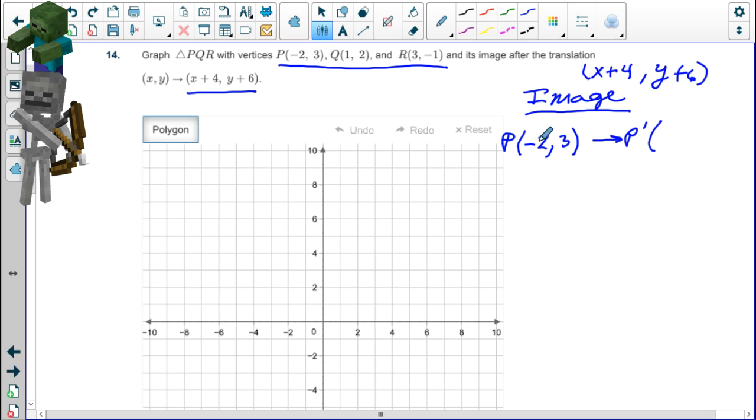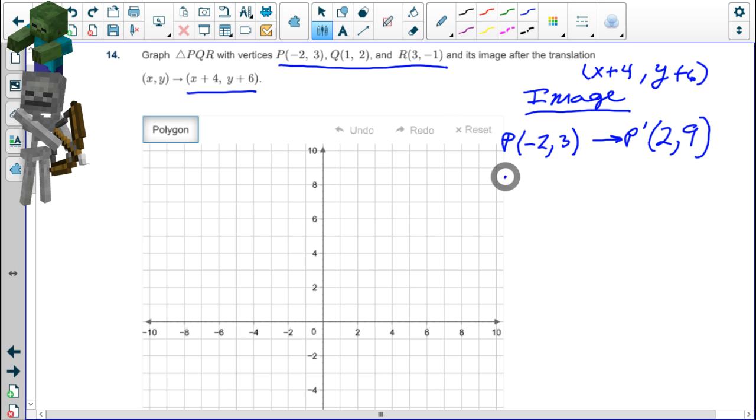So we're going to take this right here, negative 2 plus 4. So that's going to give us what? Positive 2, right? Negative 2 plus 4 is positive 2. And then we take the 3 plus 6, the y part plus 6. So 3 plus 6 is 9.